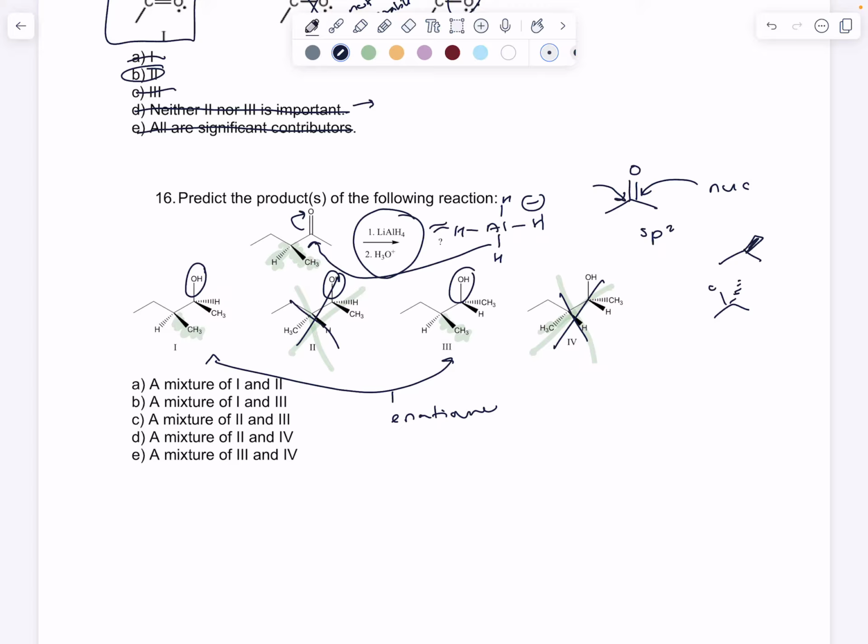And either of those are possible. And so if you have a chiral center that is formed, you'll get a racemic mixture of both. So I'm thinking we'll have a racemic mixture of 1 and 3. So anything with 2 or 4 we can immediately eliminate. And if we immediately eliminate 2 and 4, then the only answer left is answer choice B.